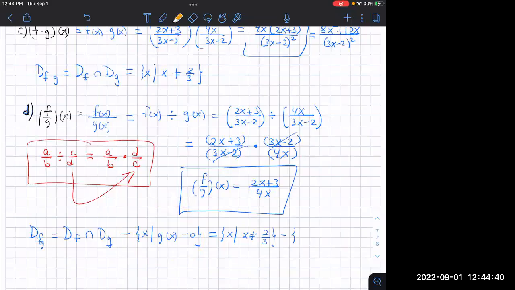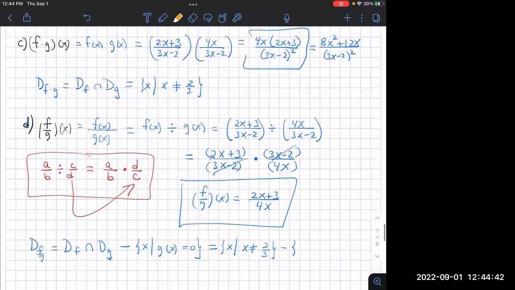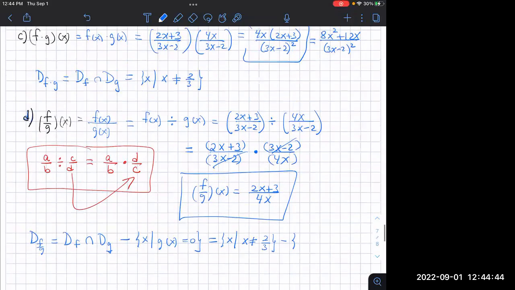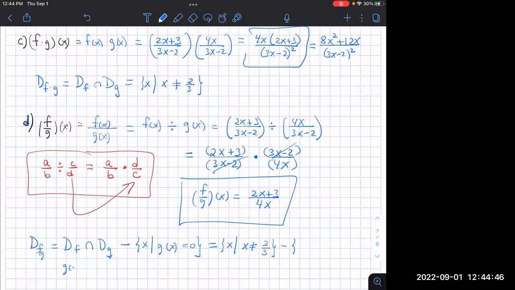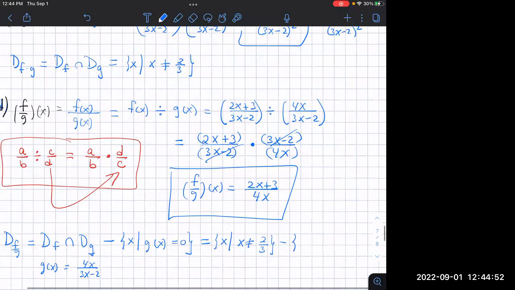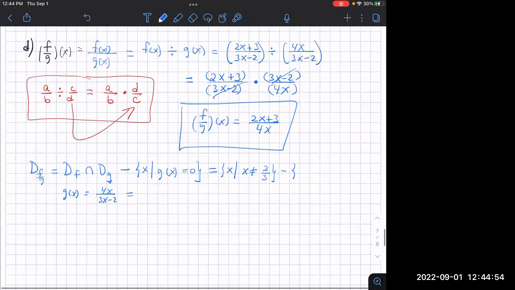So I look at g of x, and what was g of x? Notice that g of x was 4x over 3x minus 2. We want to find out where this is 0, so we set that into an equation. We multiply both sides by 3x minus 2.